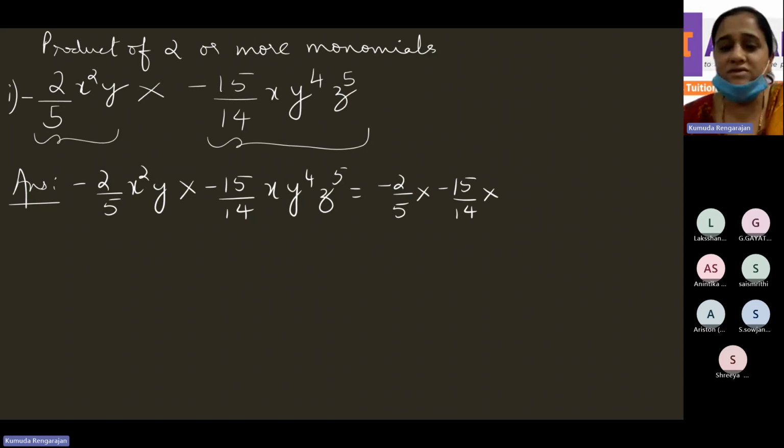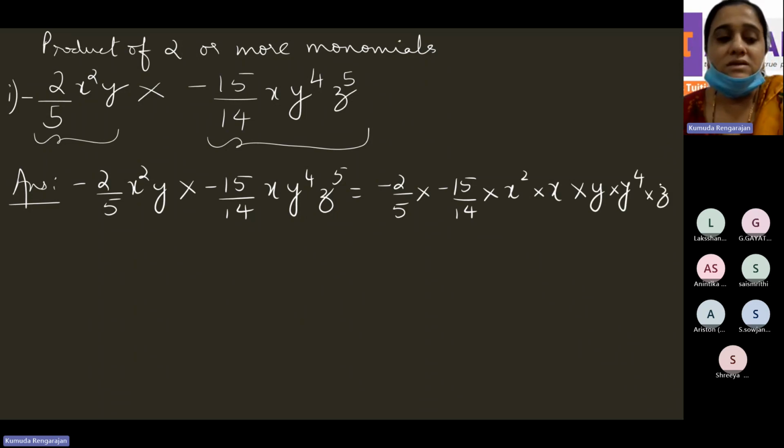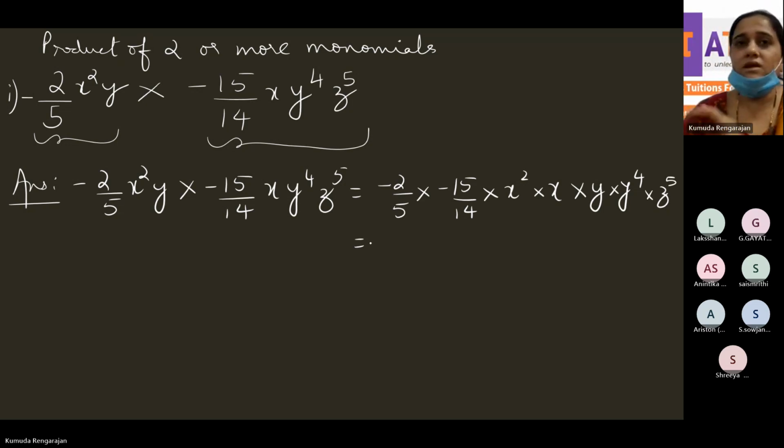Now gather the x terms: x squared into x. Now gather the y terms: y into y to the power 4. And the first monomial does not have the literal z, so it's just z to the power 5. All right, so multiply the numbers, then collect the x terms, the y terms, and then the z terms.